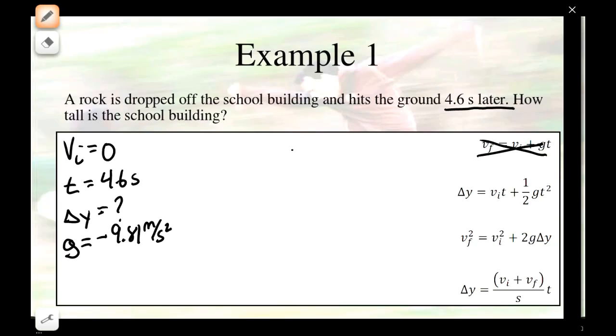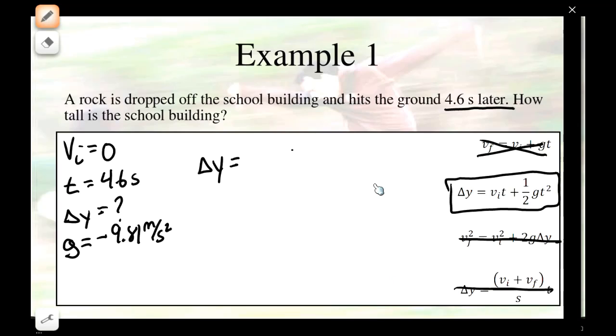So all of the equations with the final velocity are now gone, and I'm left with just one equation to solve for delta y, my vertical displacement. Delta y is going to be equal to v_iy t plus 1/2 g t squared.